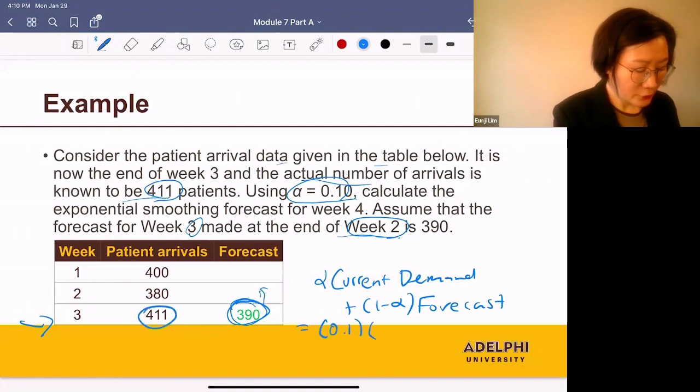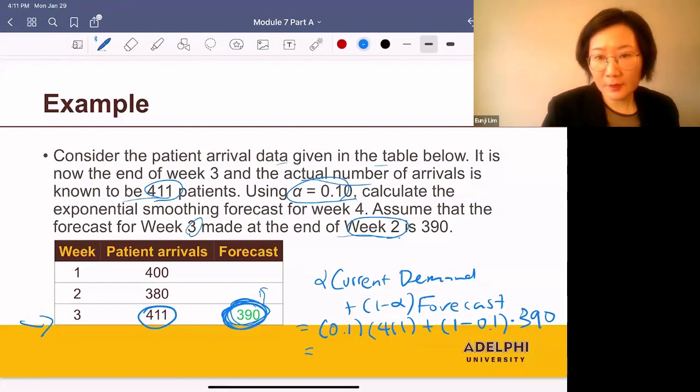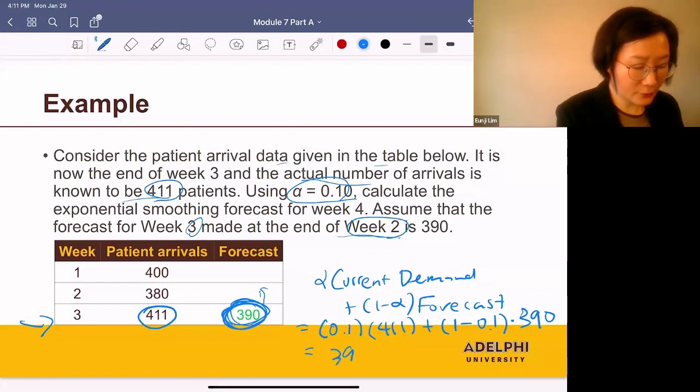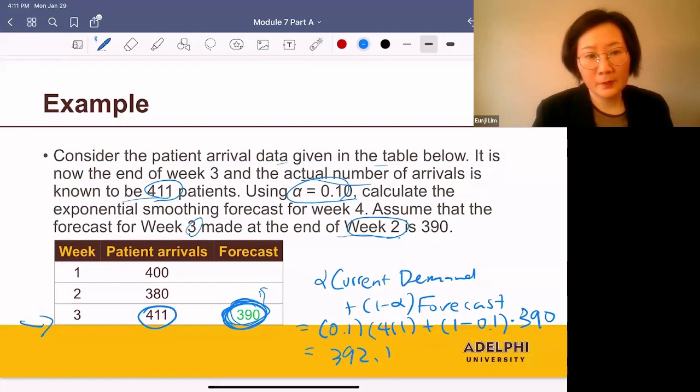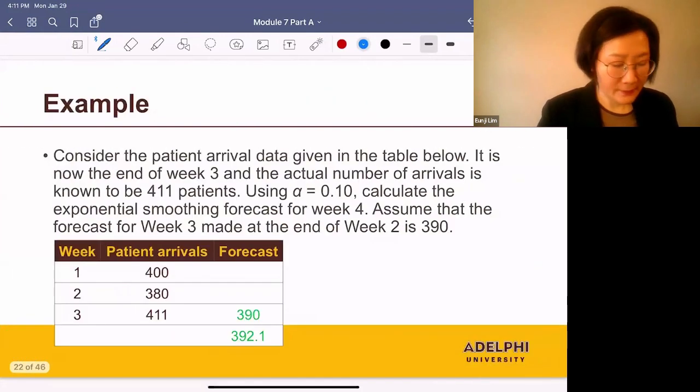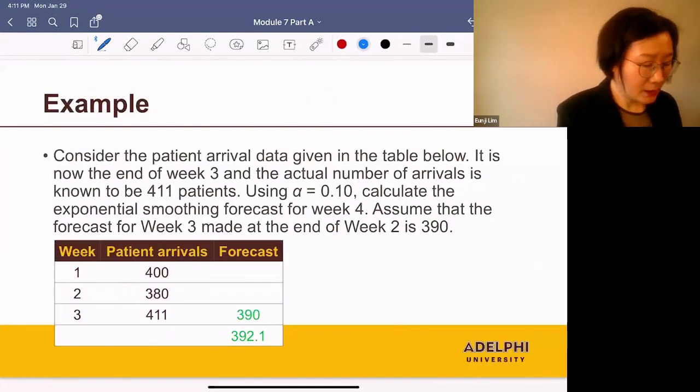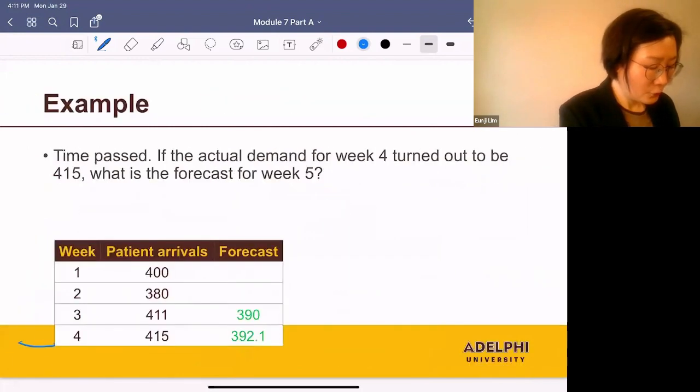The actual demand in the current period is 411 plus 1 minus alpha quantity times the forecast for the current period, 390. So if you compute this, you get 392.1.